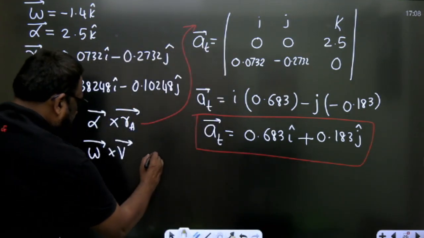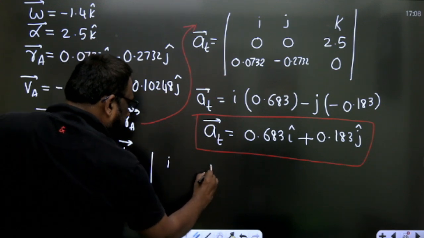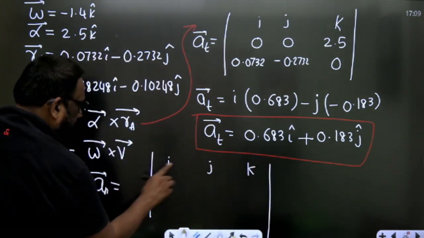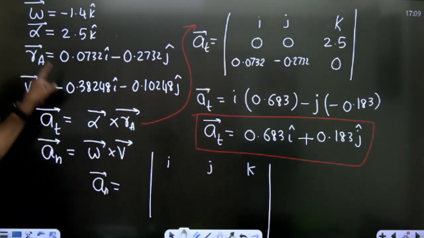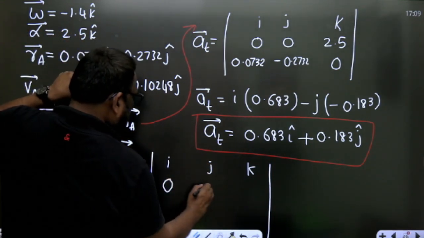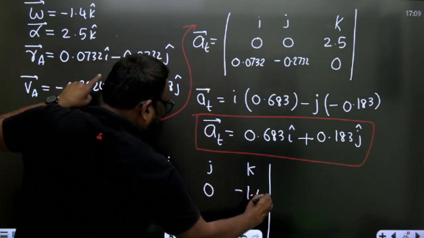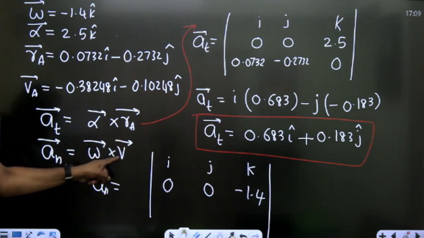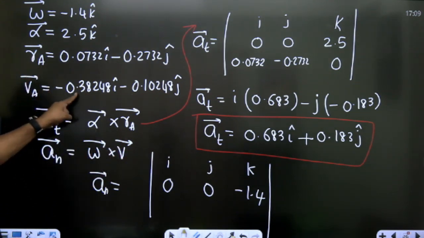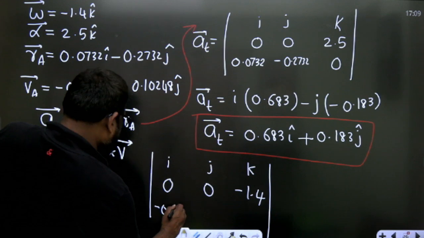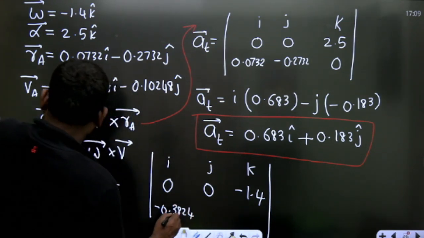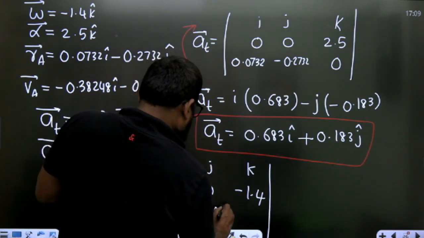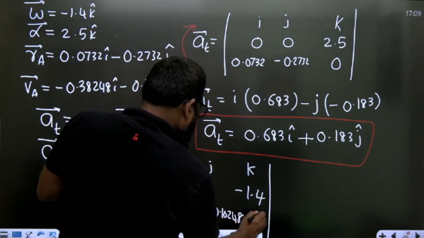The normal acceleration is omega cross v, where omega is k cap with 0 minus 1.4, and v is the velocity vector. What is v? Minus 0.38248 i, minus 0.10248 j, and there is no k.